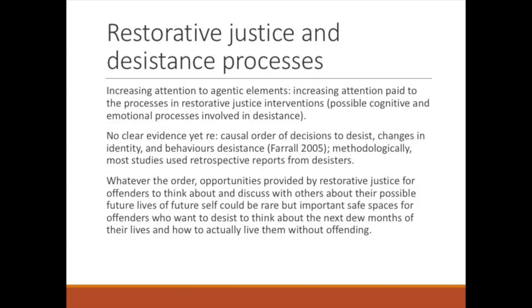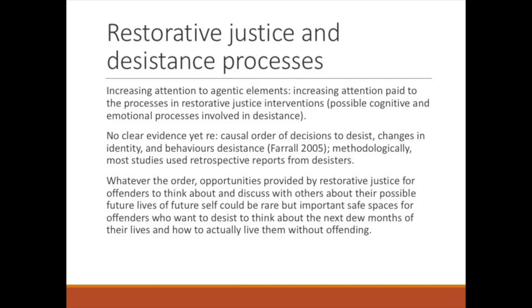So let's think about desistance processes. We've got this increasing attention to the agentic elements, and as a result, we need to pay increasing attention to the processes in restorative justice interventions. There may be possible cognitive and emotional processes involved in desistance that are also at play in restorative justice interventions.